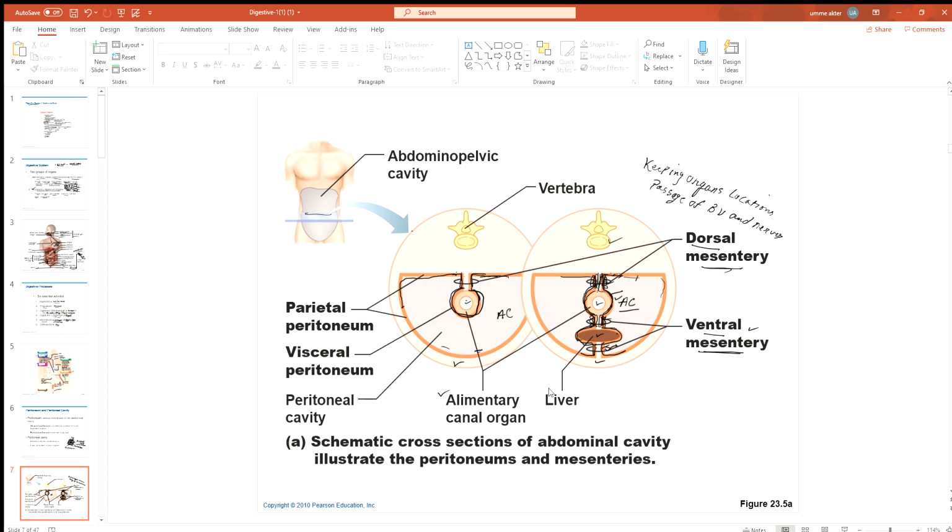And number three, I said storage of fat, energy. So these are the important functions of the mesentery.